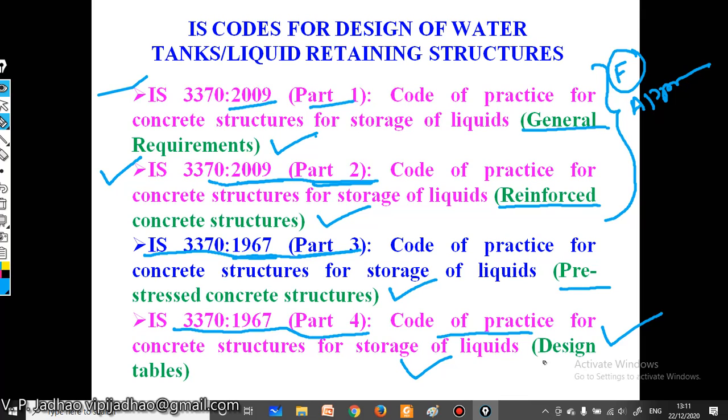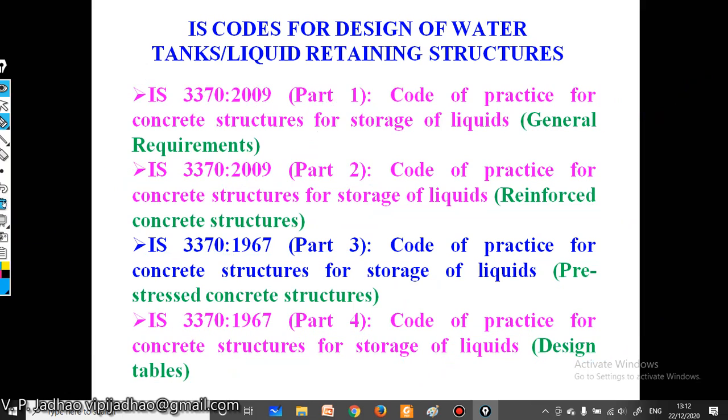This particular IS code gives some design tables based on experience gained by the designers. Based on that, some design tables are developed and we have to design the water tank accordingly. I'll explain some portion.